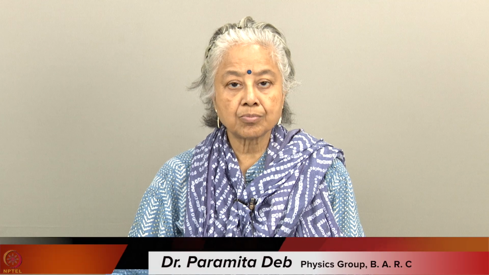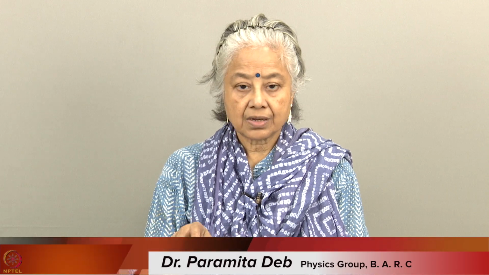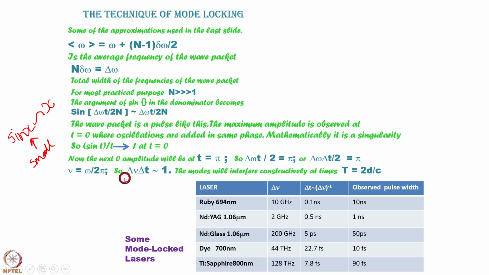So, continuing with the mode locking process. Here we had come to this time bandwidth product identity, delta nu delta t is almost equal to 1. So, about the fuzziness in the measurement of each of them, something like the uncertainty principle. Then, what does this formula say?